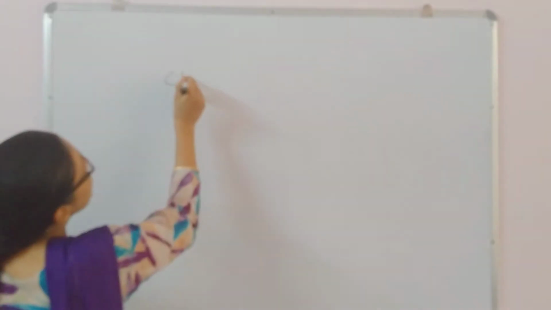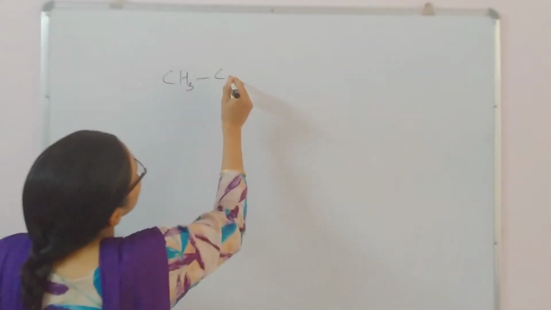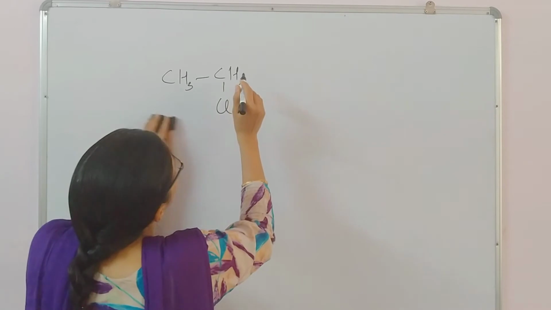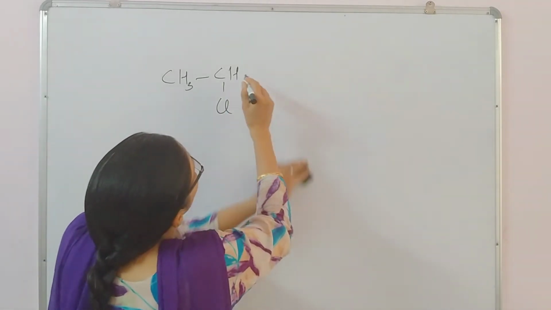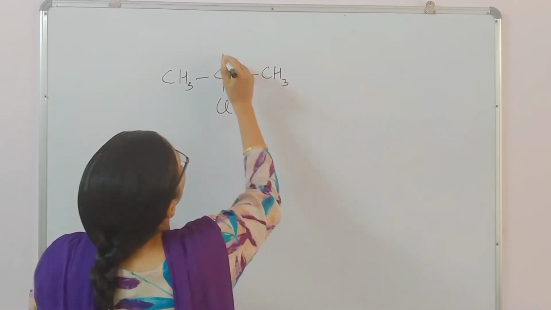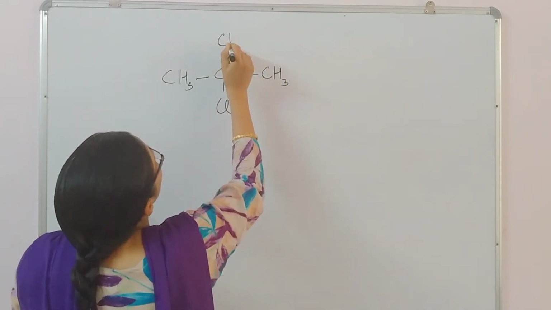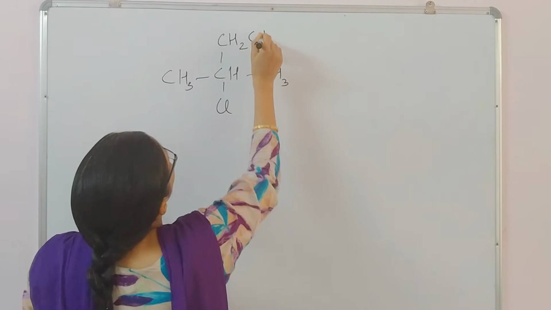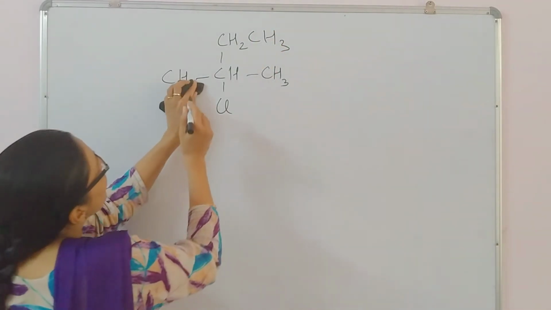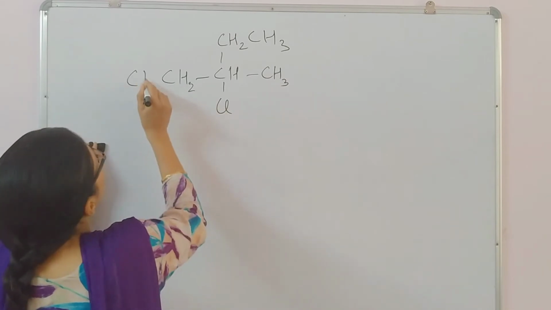For example, CH3, CH2, CHCl, what will happen? The compound CH2, CH3.